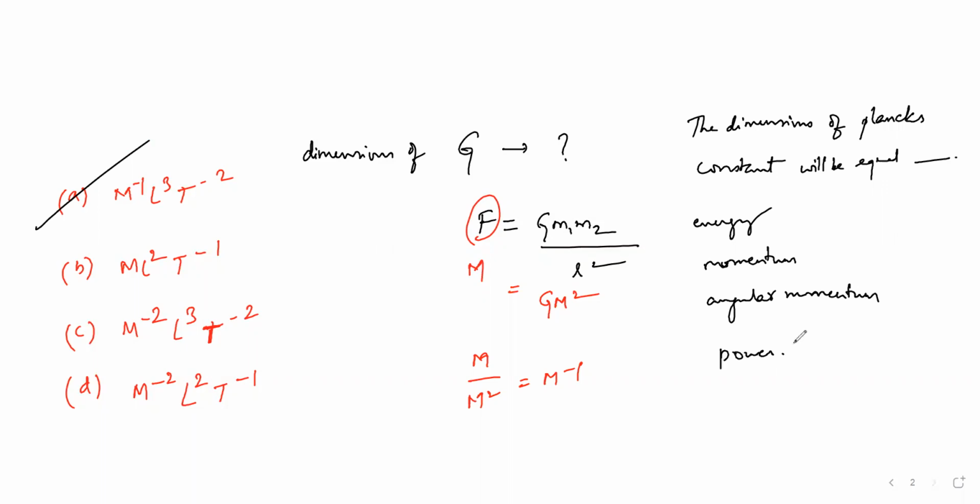Tell me, already you know angular momentum is L equals mvr. That is your Planck's constant. So therefore the answer will be angular momentum. Clear?